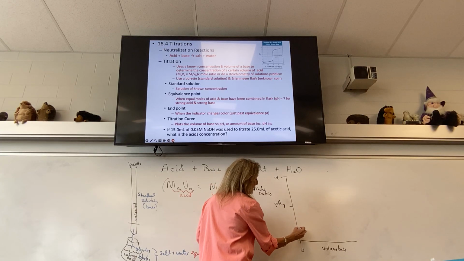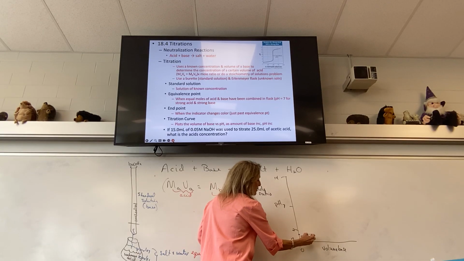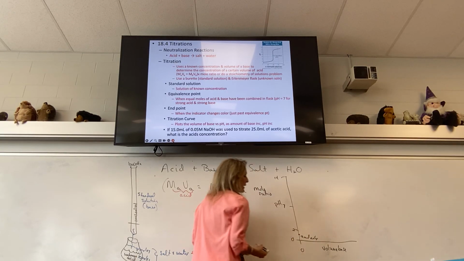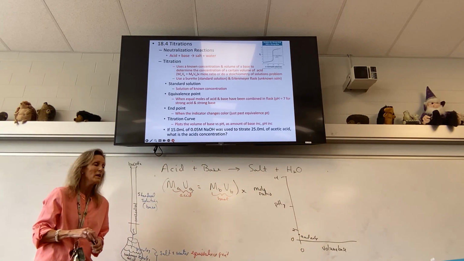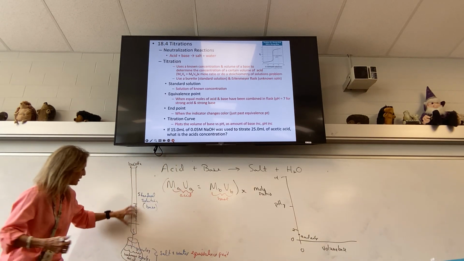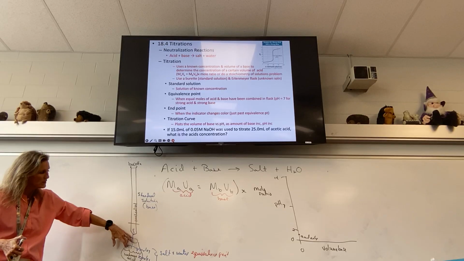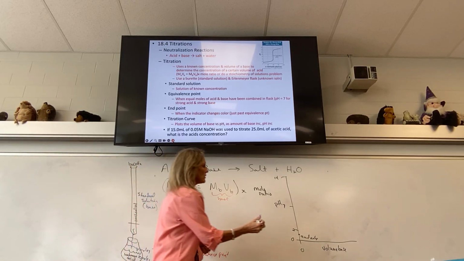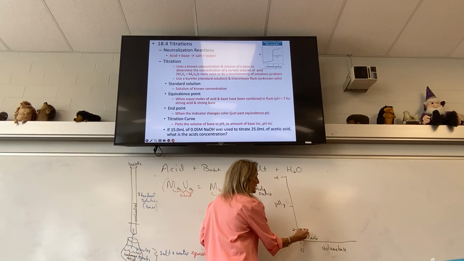It's showing like a 1 here. So this is acid only. We haven't added any base to it. And then as we start to add some base, so we open this up and let some base go in, it'll start increasing the pH.